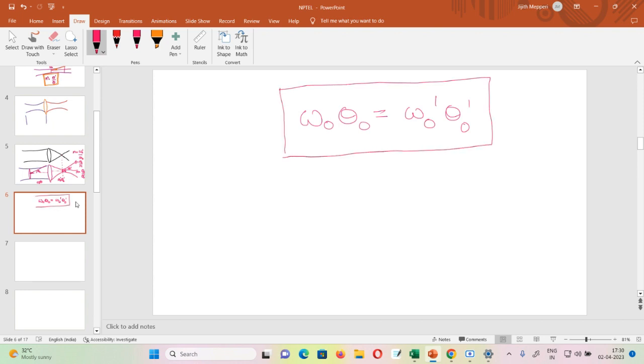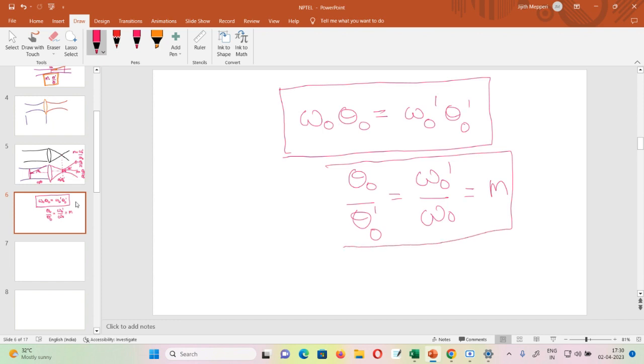From here itself you can define the ratio: theta naught divided by theta naught prime is equal to omega naught prime by omega naught, and this is defined as the magnification of your Gaussian beam by that particular lens. Got it?